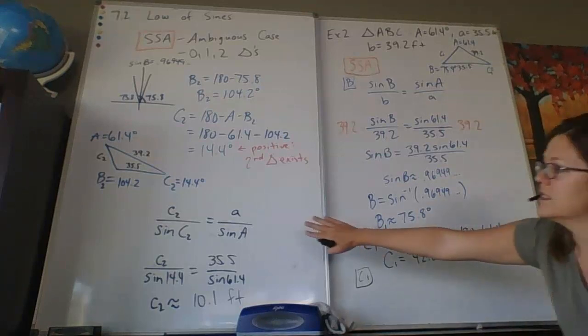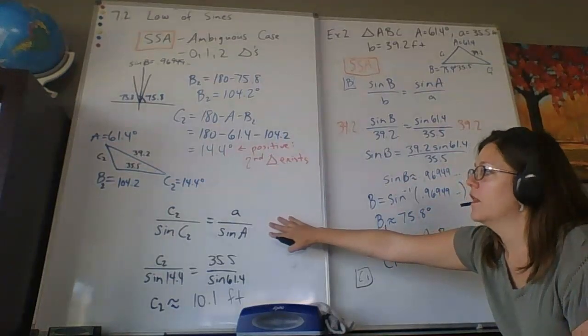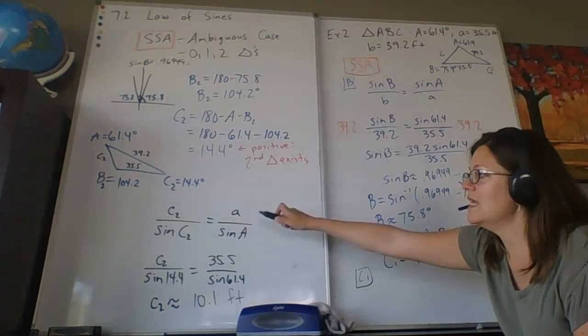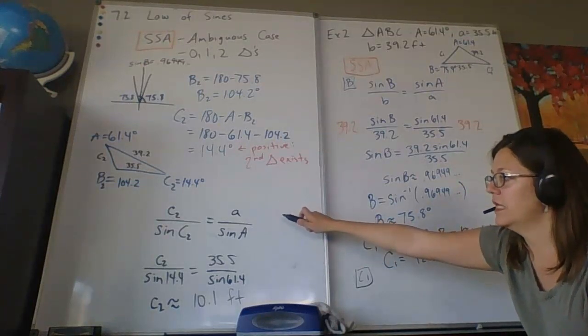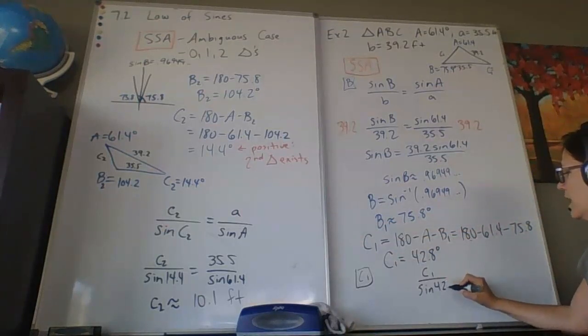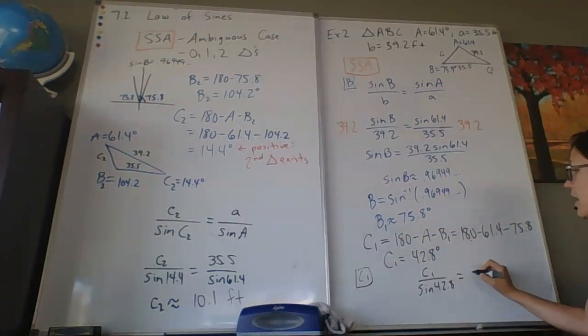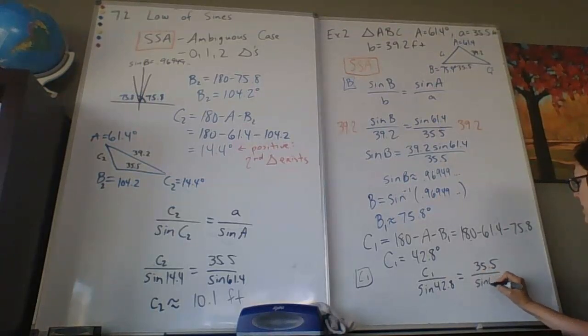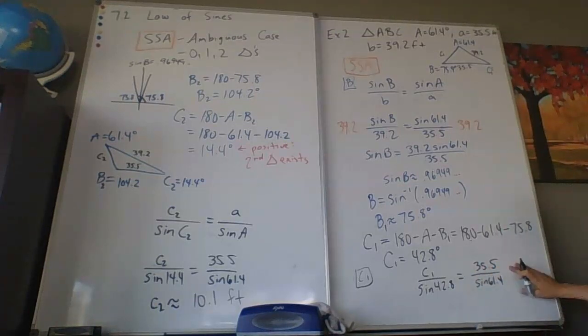We will use a similar version of the law of sines, but it'll be c1 over sine C1, equaling a over sine A. Plugging in C1, we get sine of 42.8 on the bottom, and we still get that 35.5 over sine of 61.4. Solving by cross multiplying or multiplying both sides by sine of 42.8, we get c1 is approximately equal to 27.5 feet.